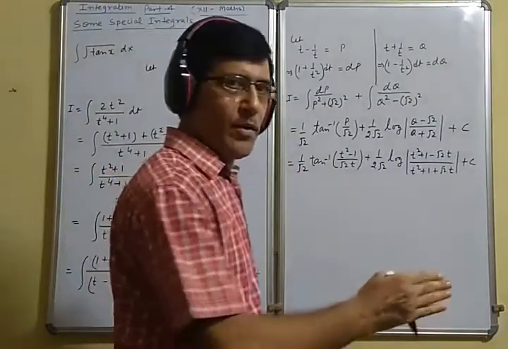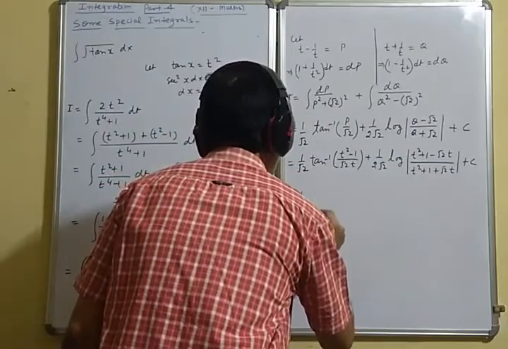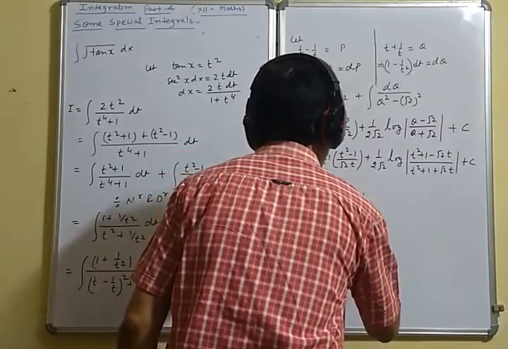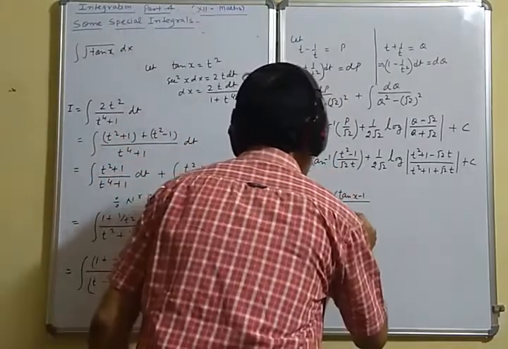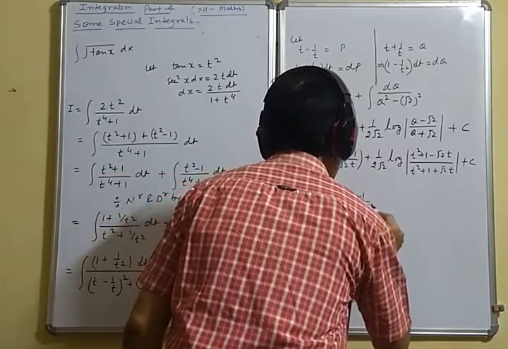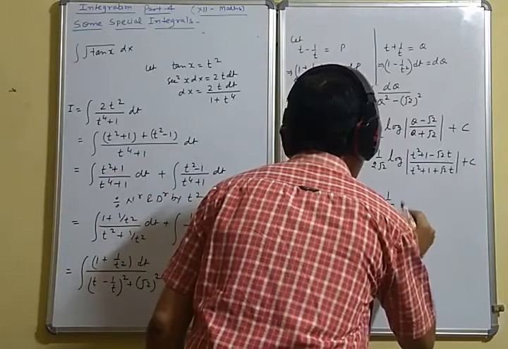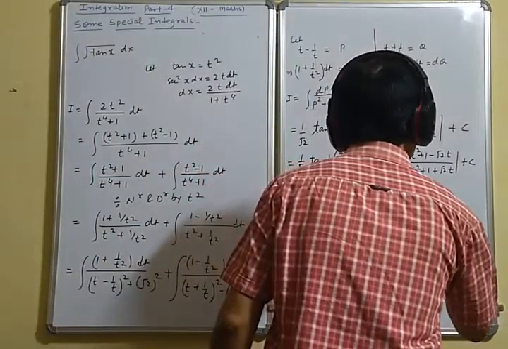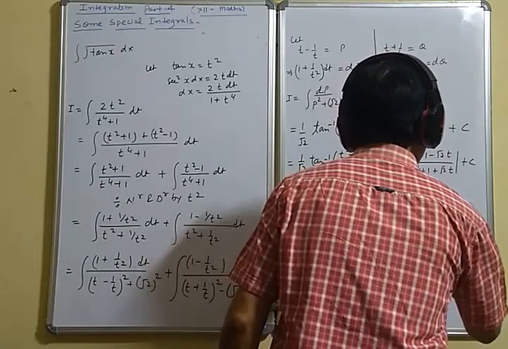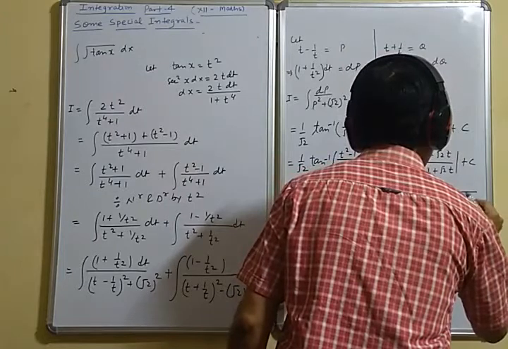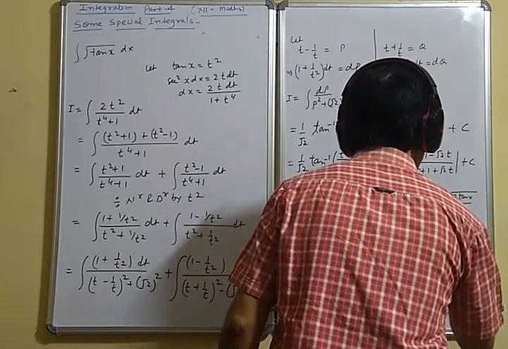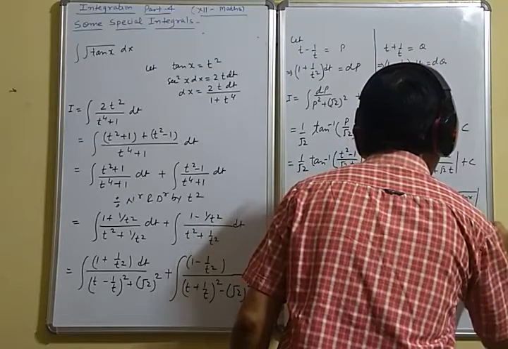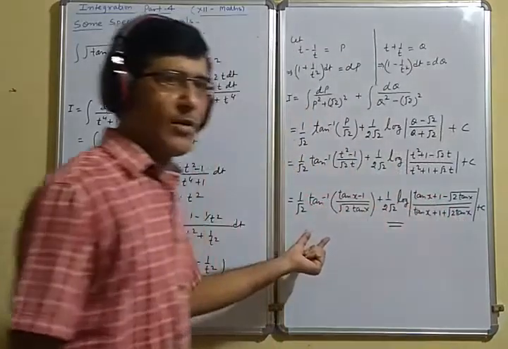So this integral becomes 1 upon root 2 tan inverse of (t square minus 1) divided by root 2 t, where t square is tan x, that is tan x minus 1 divided by root 2 root tan x, plus 1 upon 2 root 2 log of (tan x plus 1 minus root 2 root tan x) divided by (tan x plus 1 plus root 2 root tan x), plus c. That is the required solution.